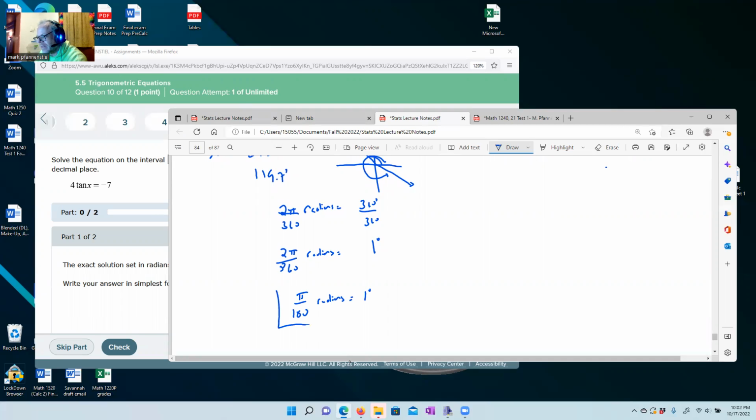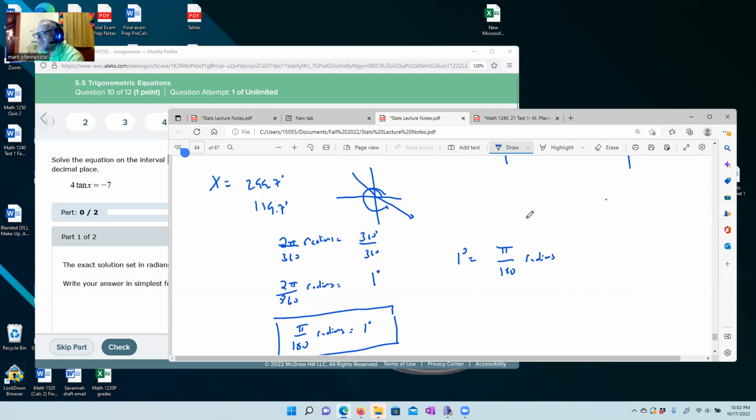Just remember that's our conversion factor. Does it make sense that if I multiply by 299.7, then 299.7 degrees would be 299.7 pi over 180 radians?